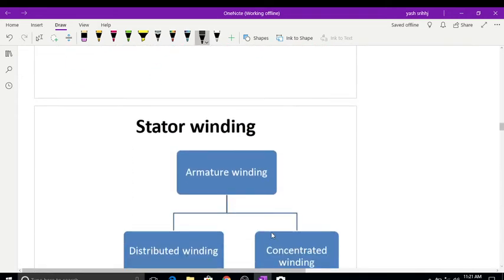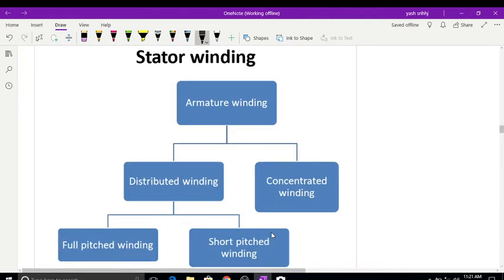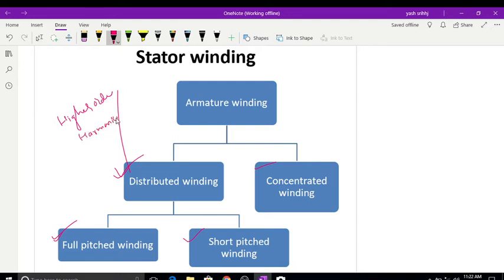That winding is of two types: one is distributed winding, another one is concentrated winding. Distributed winding again has full pitch winding and short pitch winding. This distributed winding is used to eliminate higher order harmonics such as 11th, 13th, like that.